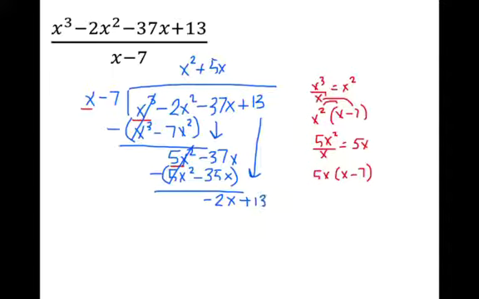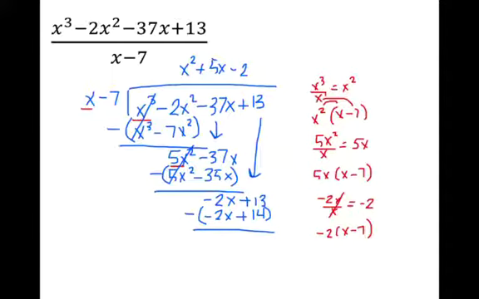I need now to go negative 2x divided by x. The x's cancel out, leaving me with just a negative 2. So I take negative 2, multiply it by x minus 7, leaves me with negative 2x plus 14, and then I subtract.